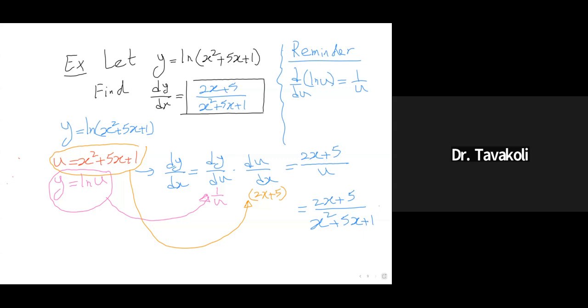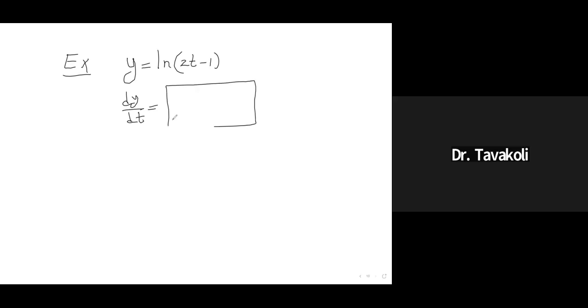Let's see another example with ln. This time we have a different variable. Suppose y is ln of 2t minus 1. So I want to find dy over dt, not dx. But the variable is t.